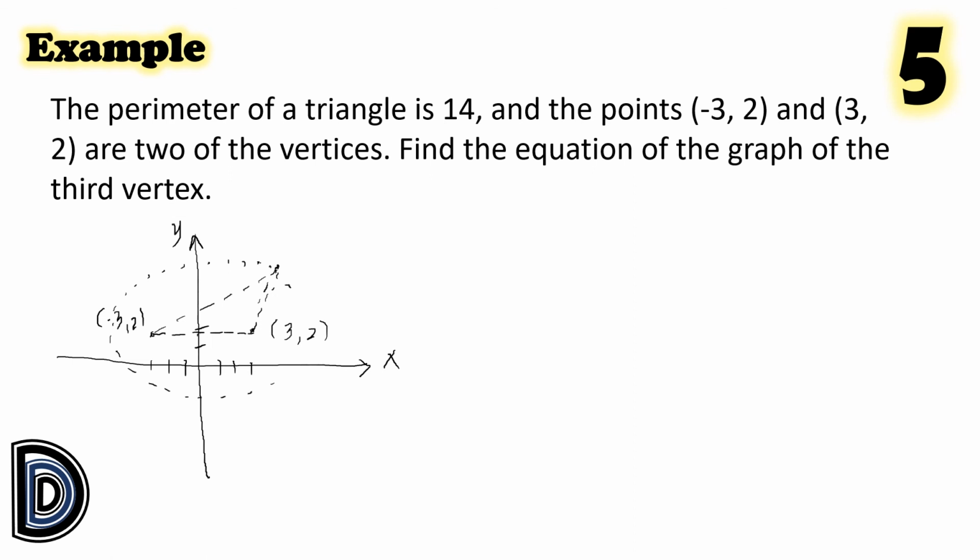Hence, we are looking for the equation of that ellipse traced by the third vertex of the triangle. By this, we'll have the 2 points negative 3, 2 and 3, 2 as the foci of that ellipse. Therefore, the two foci have a distance of 6.